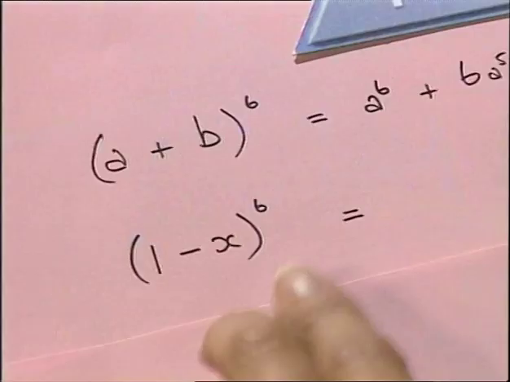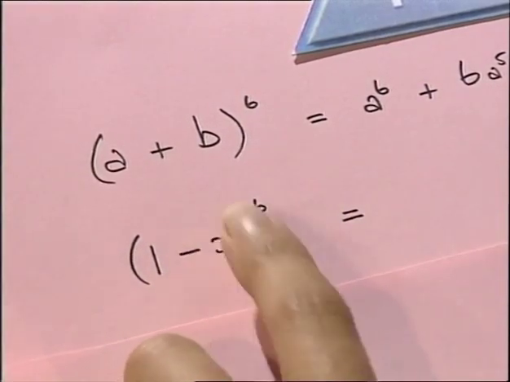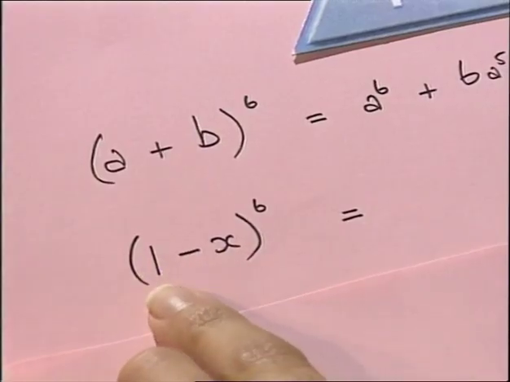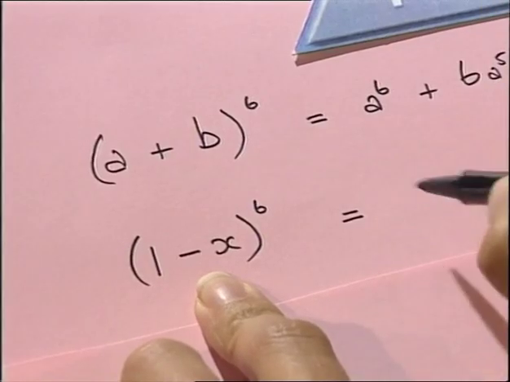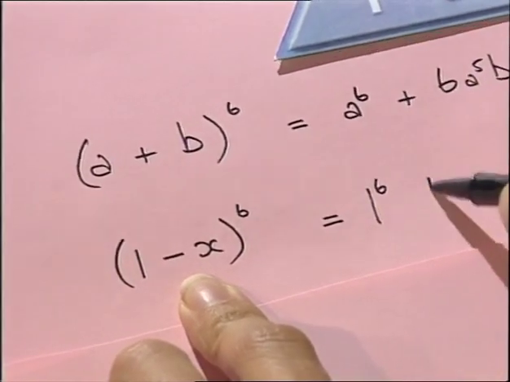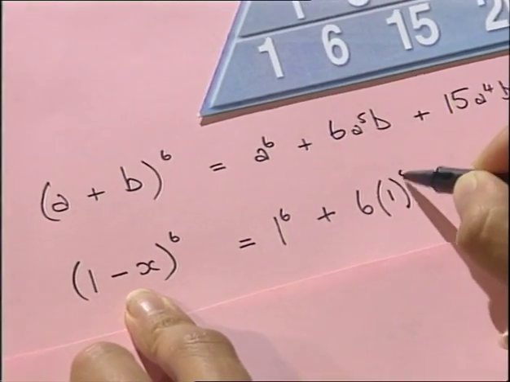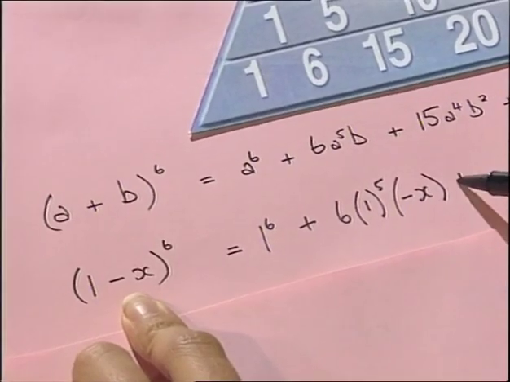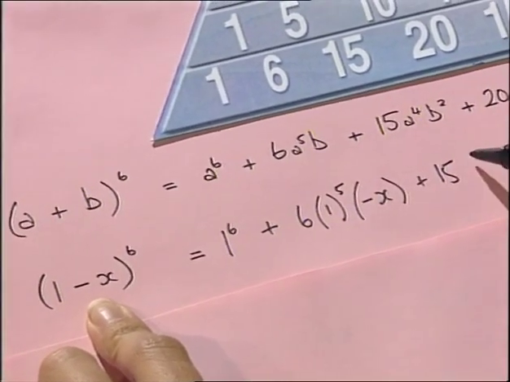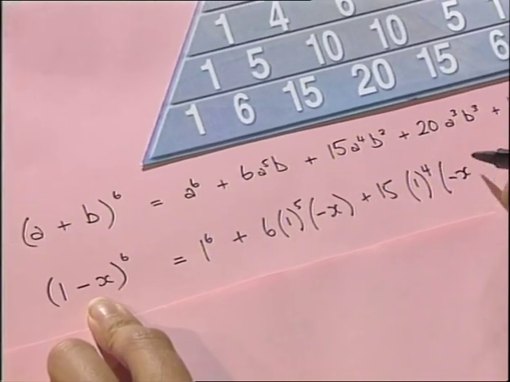Now, using that formula, you can answer the first of our problems, which was (1 − x) to the sixth. You replace a by 1 and b by negative x, and get 1 to the sixth plus 6 times 1 to the fifth times negative x plus 15 times 1 to the fourth times negative x squared, and so on.